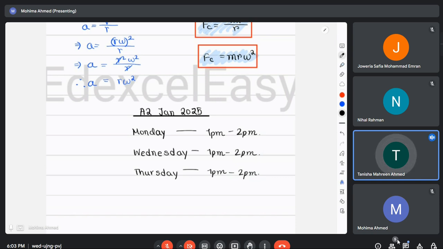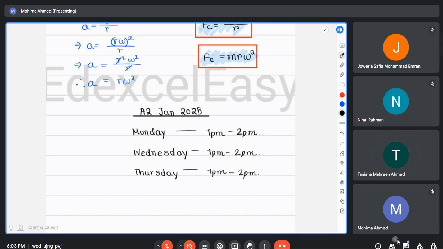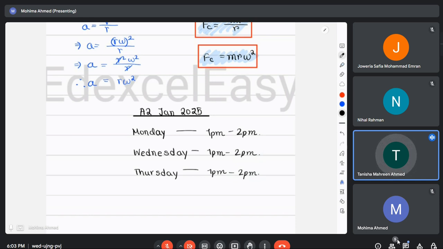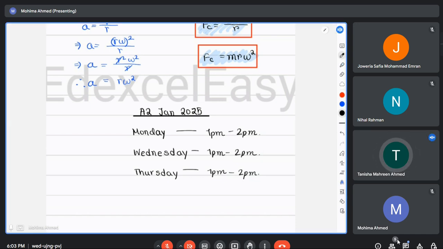I will let you know, ma'am, on WhatsApp. Okay, can you let me know by tomorrow? Is that fine? Yeah, okay, ma'am. I will call my other teachers and reschedule with them. Okay, then so far this is the final timing. If Tanisha doesn't have any problem, then we'll stick to this.